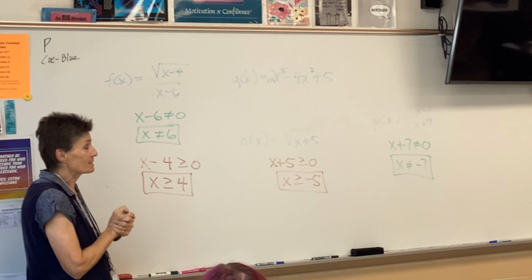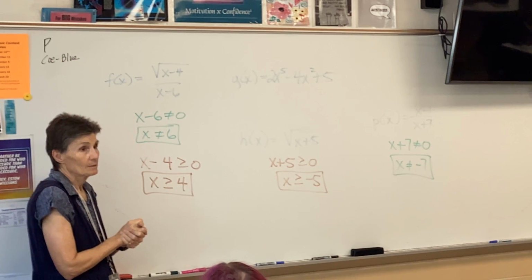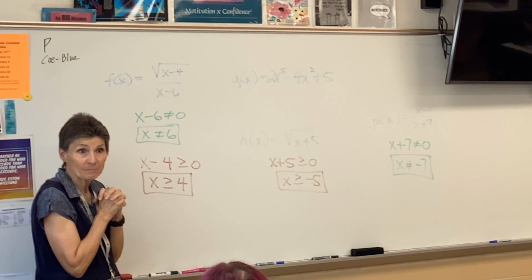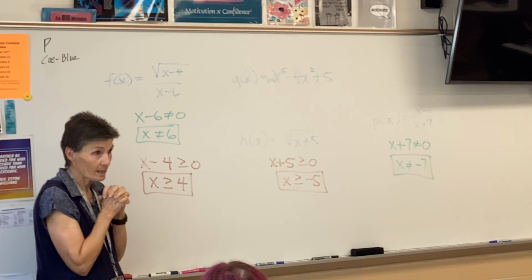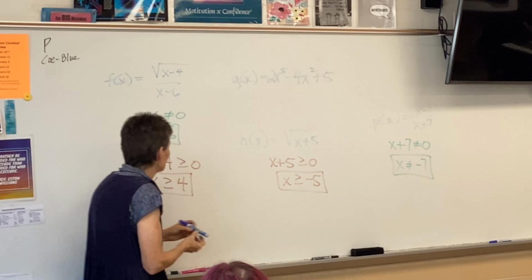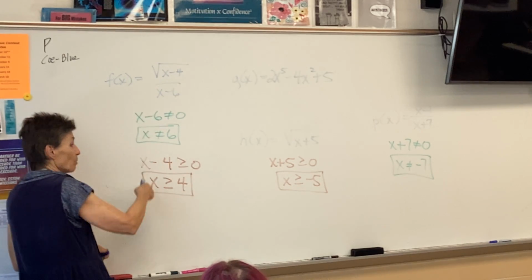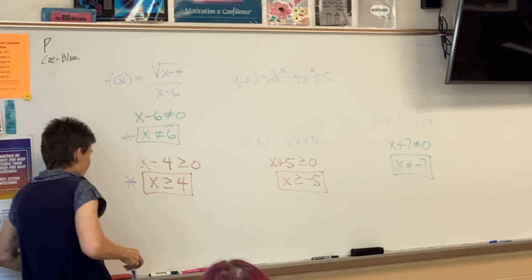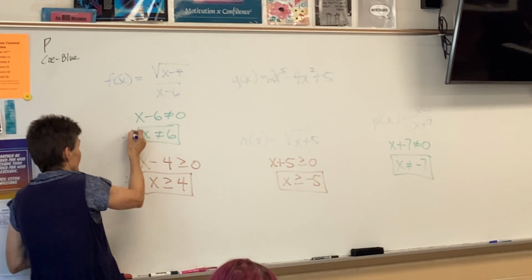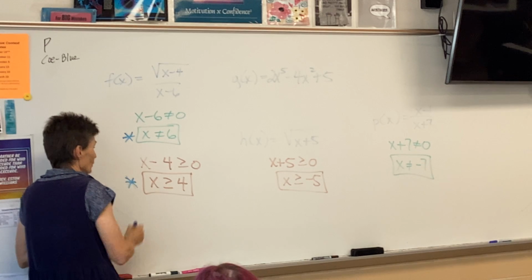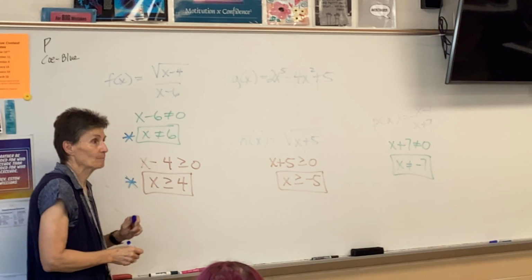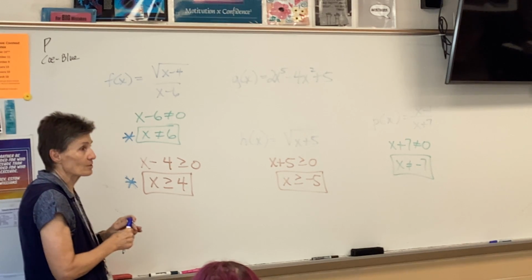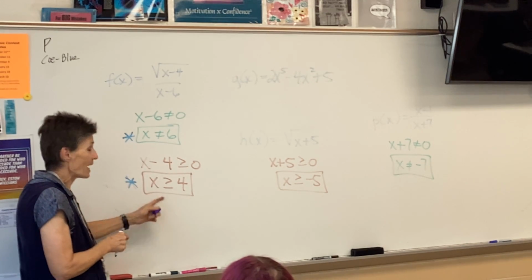The brown is the other rule. There's only 2 rules. So now I'm ready to write my answer. For this first problem, put both of these in the answer blank, and that's your answer. It's a 2-part answer, because we have both rules at play. So that's our answer. Put that in the answer blank.